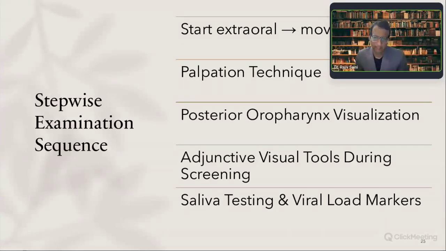So they are useful for identifying areas that need closer inspection or follow-up. There are devices like chemiluminescence systems, which can enhance the visualization of epithelial abnormalities after an acetic acid rinse. These can be helpful as an adjunct, but they have limited specificity.